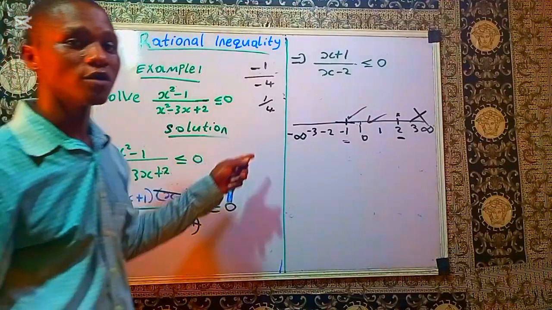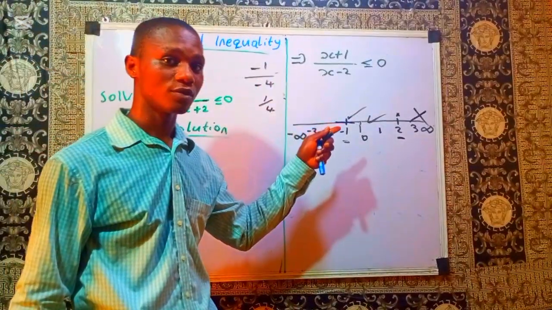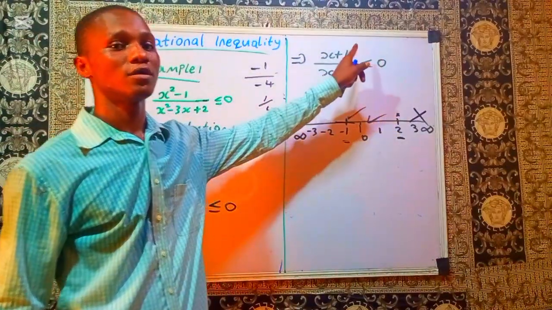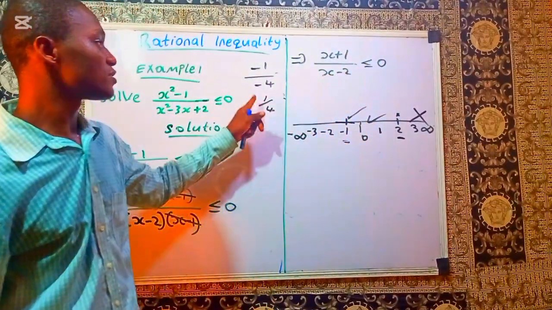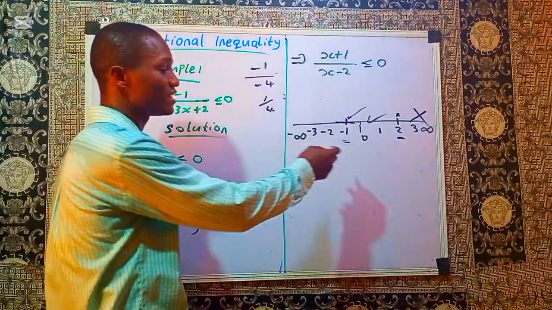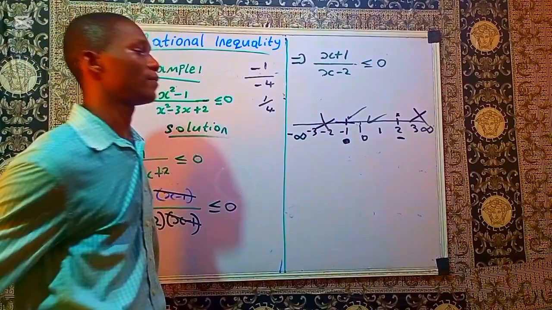But 1/4, which is 0.25, is bigger than 0. We are looking for numbers smaller than or equal to 0, so all the numbers smaller than minus 1, we cancel them.